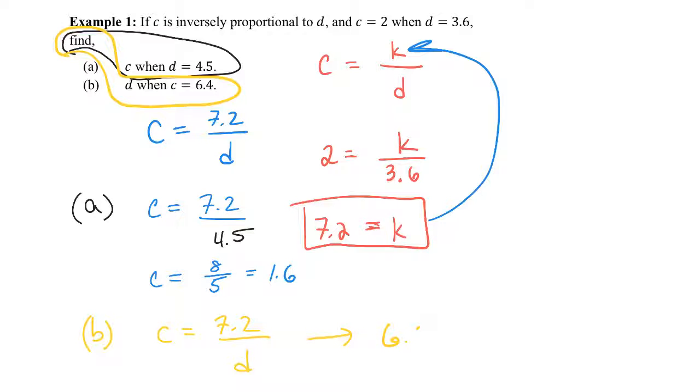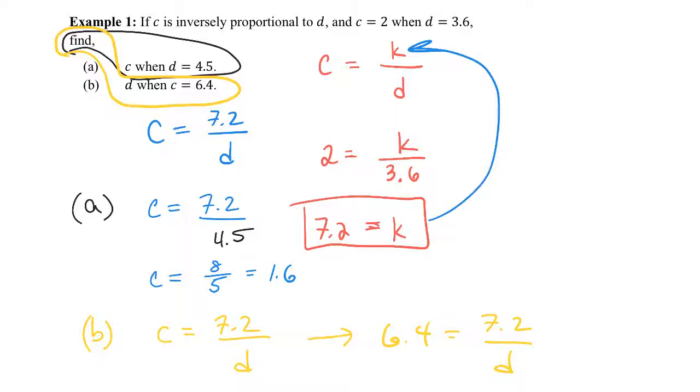This becomes 6.4 equals 7.2 over d. How do I get d by itself here? Some of you have struggled with this part in the past, so I want to ask to make sure we understand. How do you solve for something in the denominator? Yeah, multiply the d up. Don't divide by 7.2.